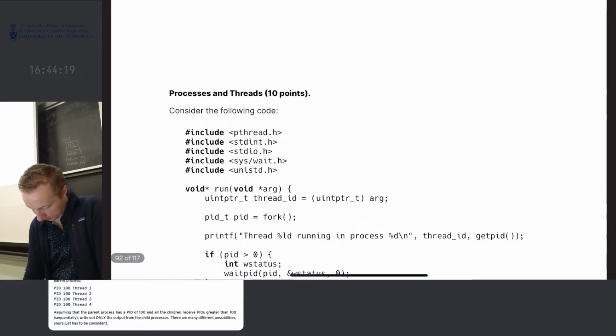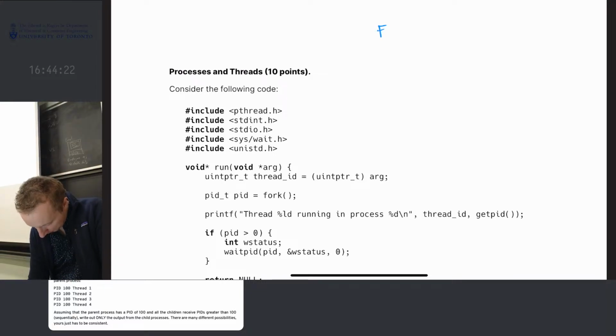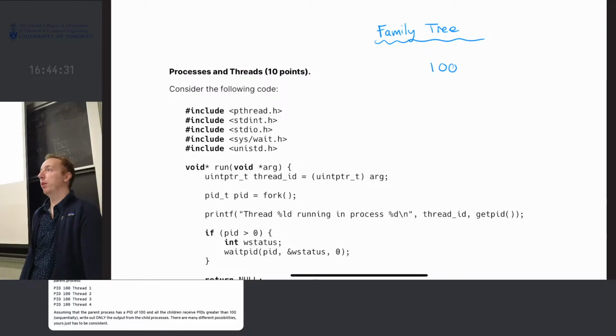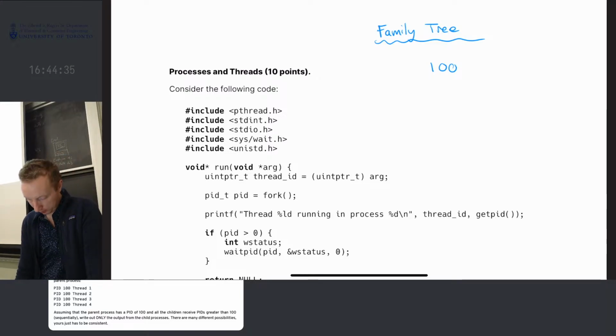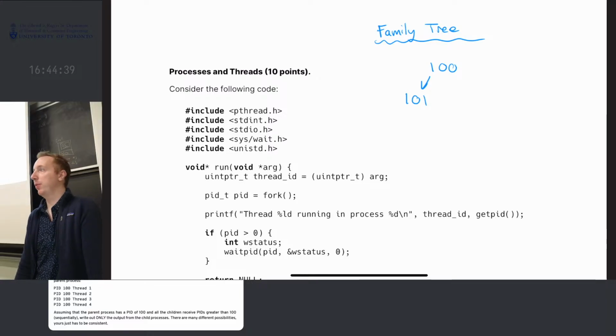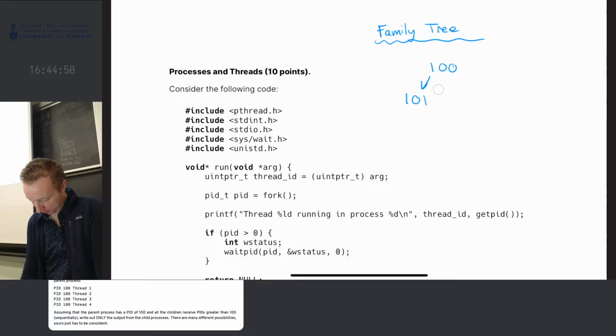If I draw my family tree up here, I have process 100. 101 should be a direct child of process 100, right? So this is what my family tree should look like. Any arguments? Should it also do that? That's like the royal family tree, so we don't want that.